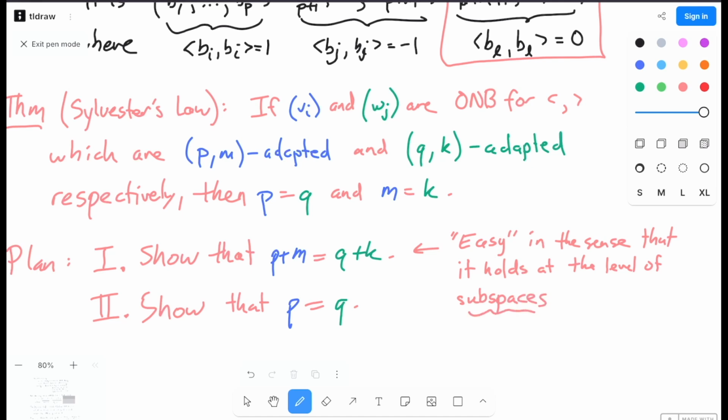So the lemma, which I'm not sure Artin actually parses out as a lemma, is that n minus p minus m is equal to the dimension of this subspace.